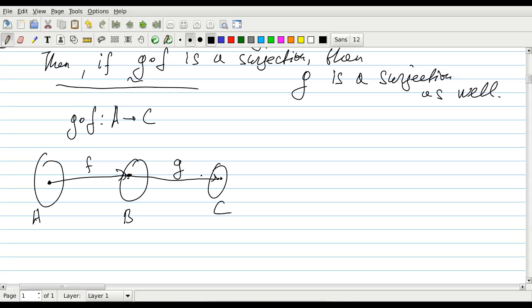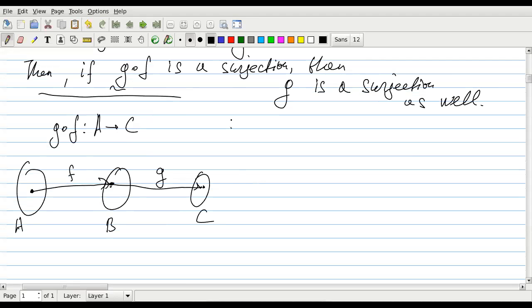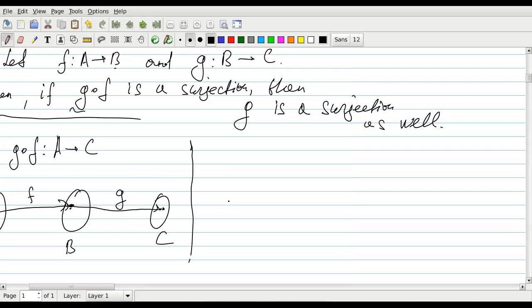Is it clear? Yes. Let's prove it formally. So we are given this is a surjection. That is, for every z from C, there exists what?